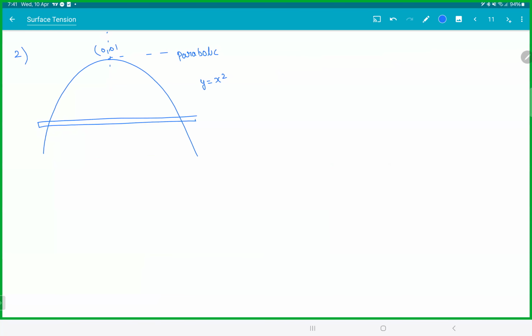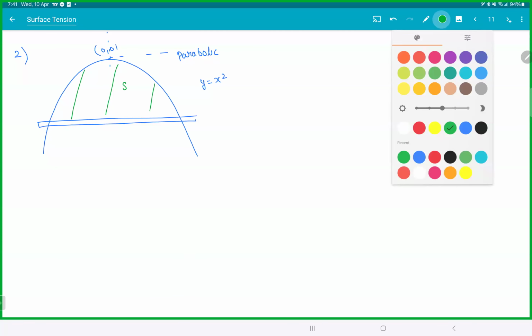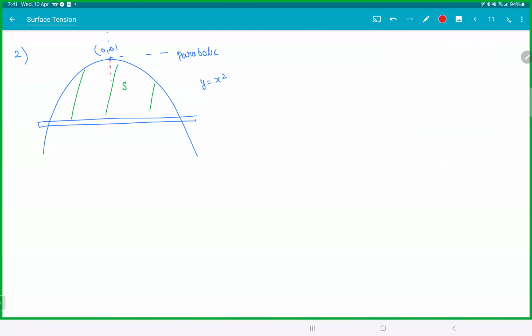So we have a rod here. There is a soap film here. Surface tension is S. So this is the origin. Let me define this properly. Let this be x and let this be y.